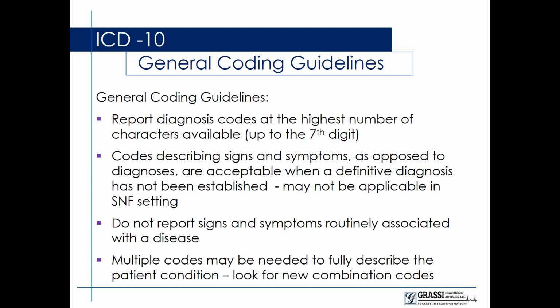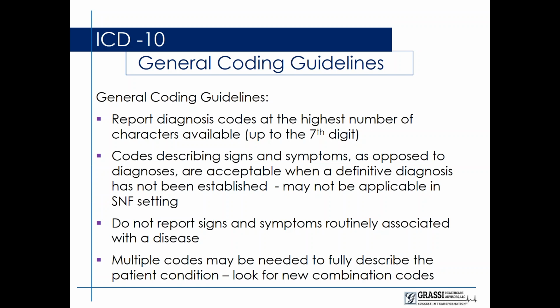When we get to the clinical mapping tool later, we'll see that some of the diagnoses nursing facilities are used to using are going to get kicked back to the provider for more detailed information. Unspecified codes are not going to work. They're going to be invalid, and you're going to get rejections.